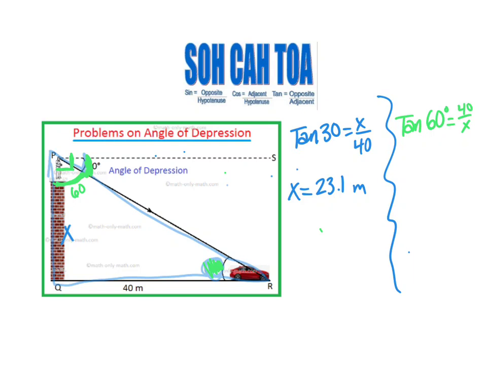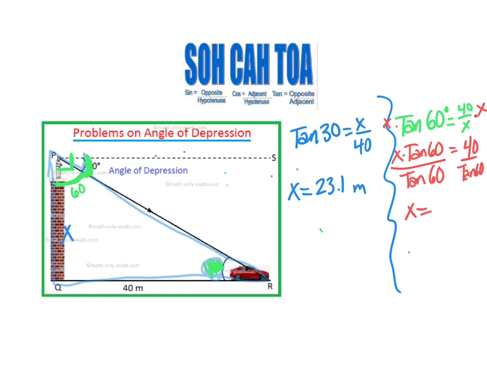Let's see what happens. This is one of those tougher ones where you have to multiply by the denominator. So I'm going to multiply by the x here. So then I have x times the tangent of 60 equals 40. And so this is the one where I come back and I divide by tangent of 60. Okay, go find x for me.